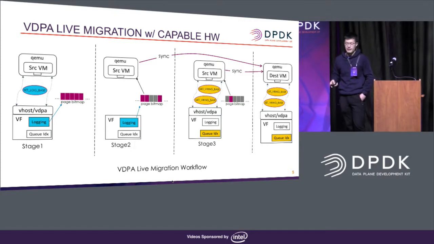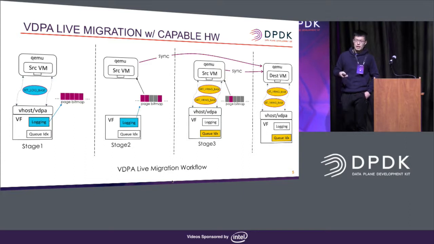On the destination site, all the RAM memory is recovered, and all the device internal states are restored onto the new hardware, and the network traffic can resume on the new network location.